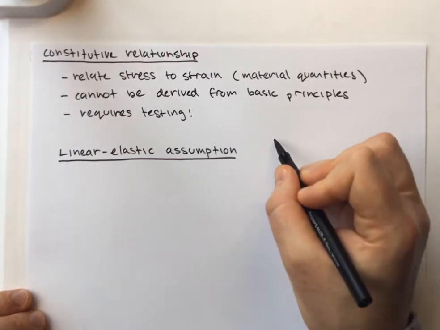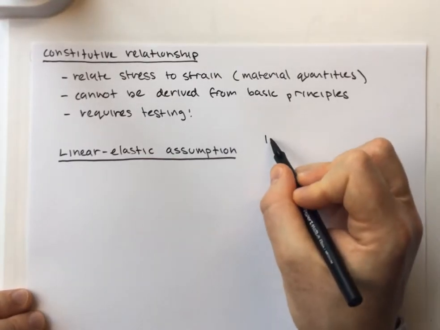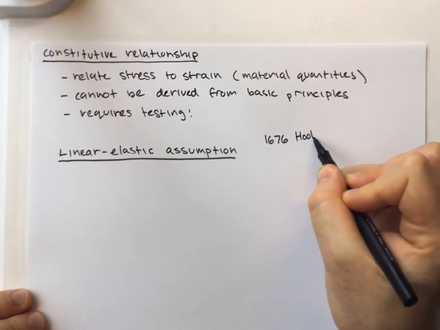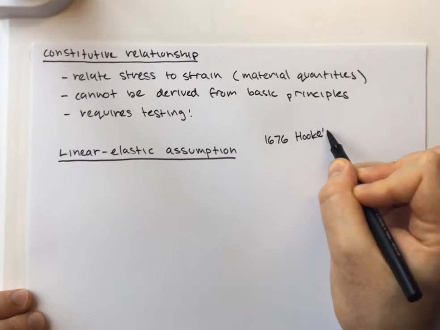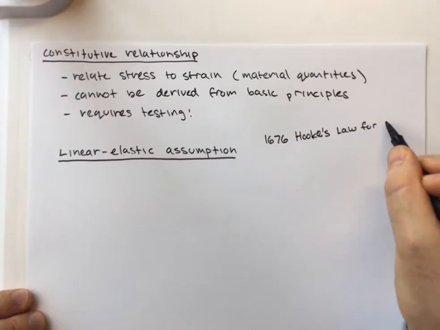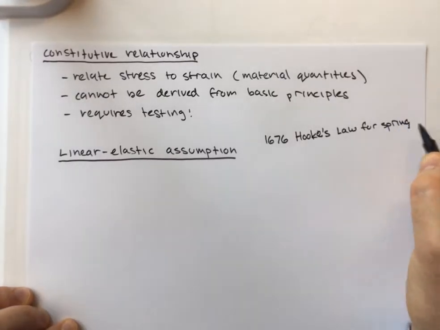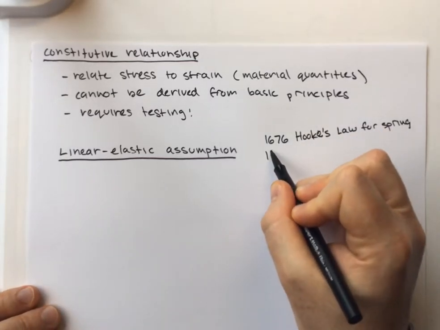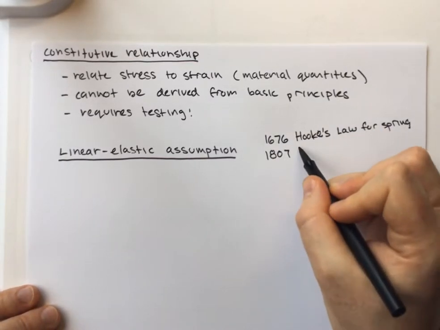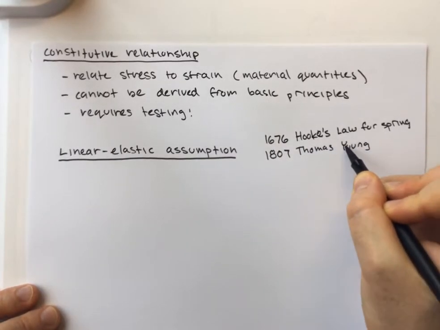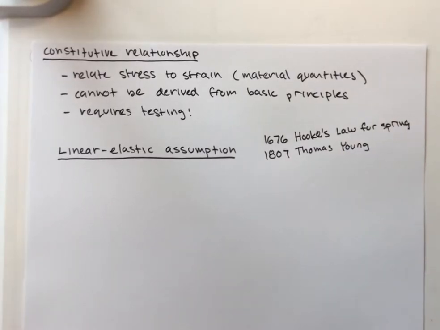And to think back on history a little bit, in 1676, there was Hooke, and he did some tests on springs, and he came up with Hooke's law, and that was, again, a linear elastic assumption. And much later, in 1807, a guy named Thomas Young did tests on materials, and he found that materials behave in a similar way for modest levels of load.